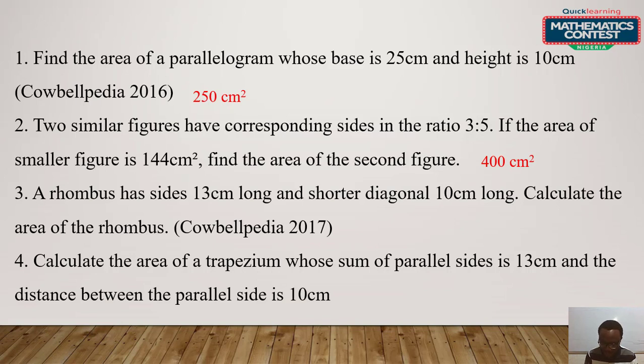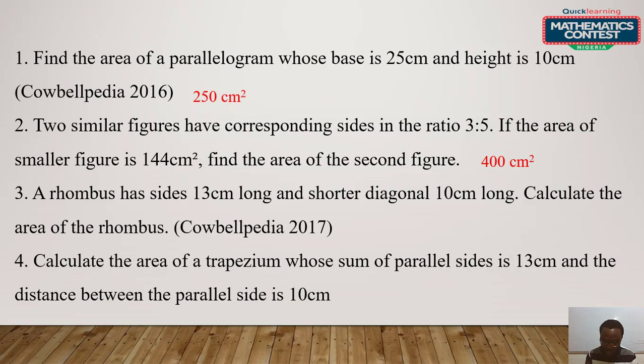To get the length of half of the second diagonal, we use Pythagoras theorem, and we get 12. How do we get 12? 13 squared minus 5 squared is 169 minus 25, which gives us 144, and the square root of 144 is 12. So the other half will also be 12.